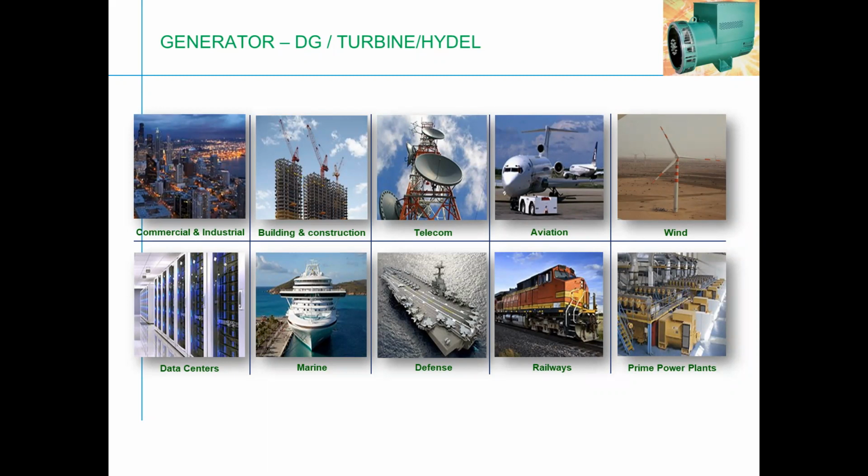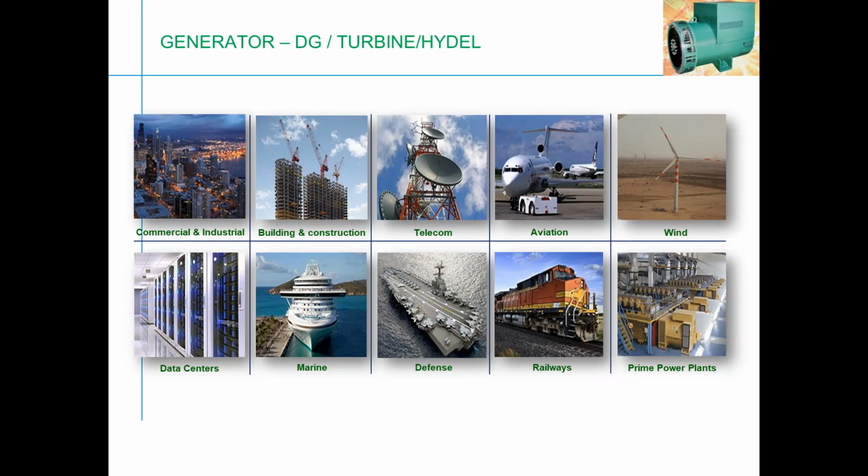Coming to the generator, let's look at the platform where all these generators are working. You can see the commercial and industrial buildings on the left hand side, building and construction, telecom, aviation, wind, data center, marine, defense, railways, prime power plant generation. The generator is very much required. This is a critical equipment, plant and machinery.